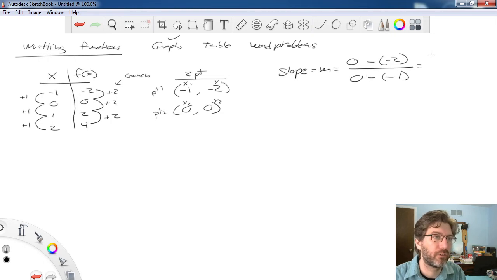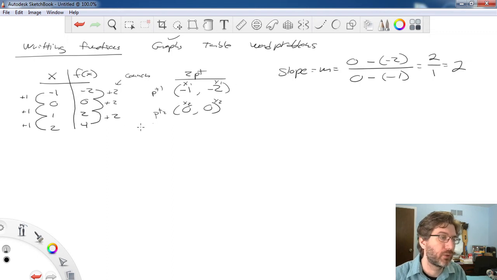You're going to get a +2 here and a +1 here. And you should note those are your common differences, right? The difference between what x is jumping by and what y is jumping by. You get a 1 on the x's and a 2 on the y's. So here your slope is 2, because 2 divided by 1 is 2. So our slope is 2.